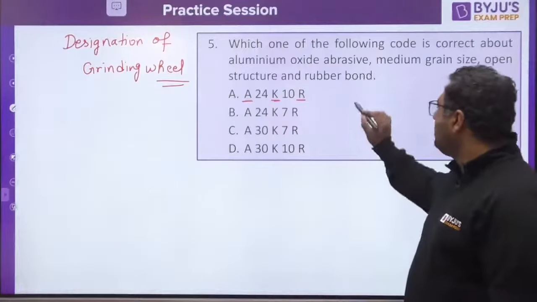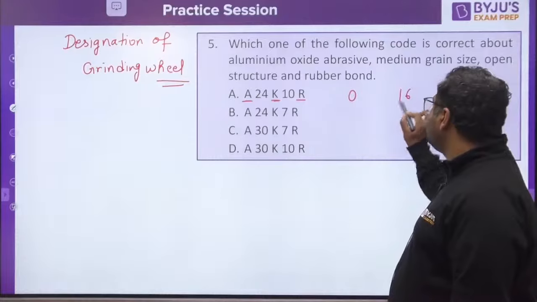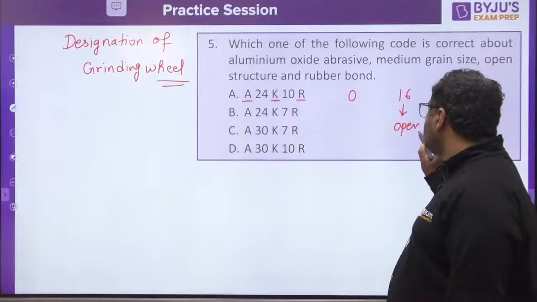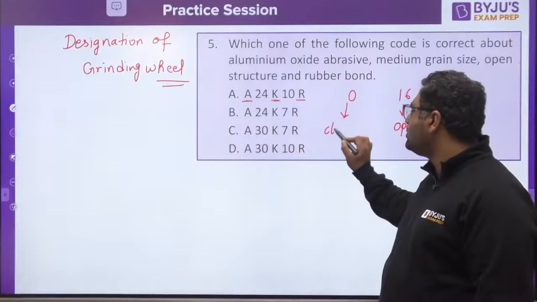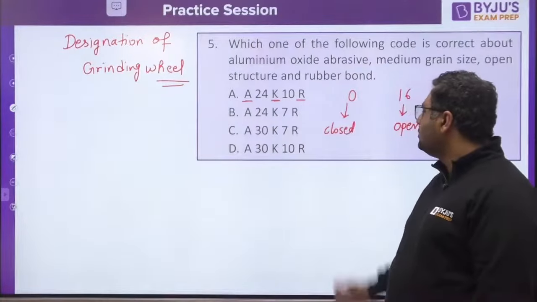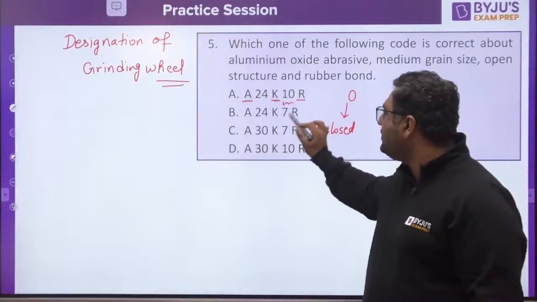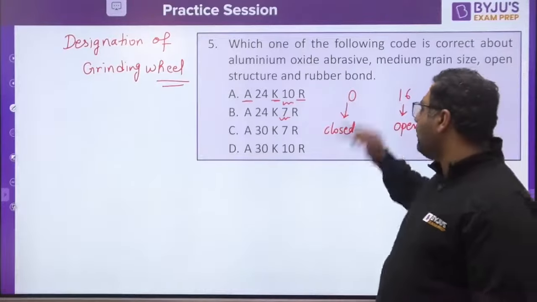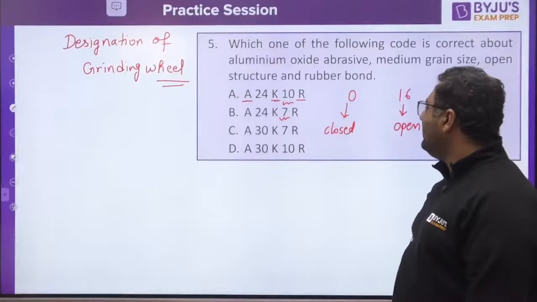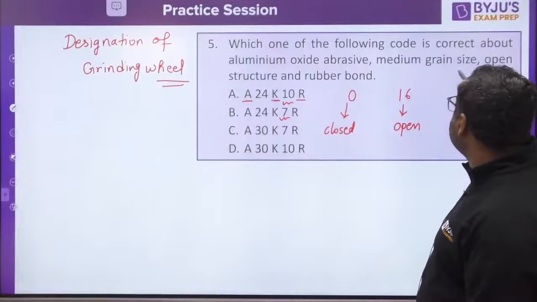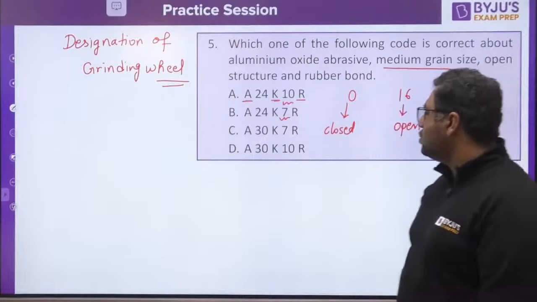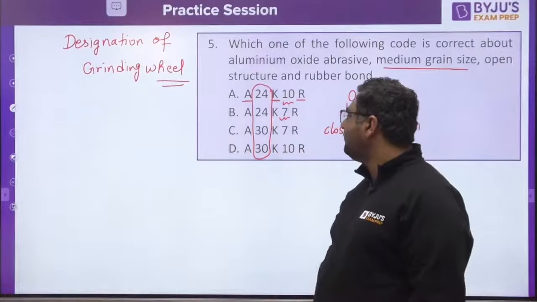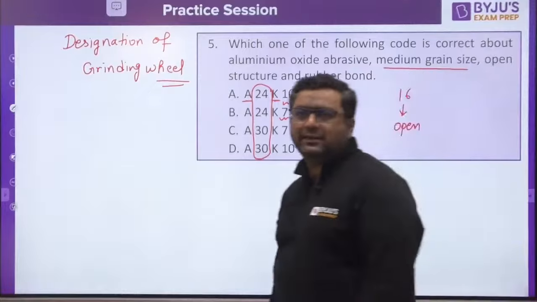When I taught you, 0 and 16 were the numbers. 16 was for completely open structure, 0 was for completely closed. So you need to select out of 10 and 7 which one is nearer to the open structure. The other selection is based upon the medium grain size. This number will give you the grain size, small or medium.